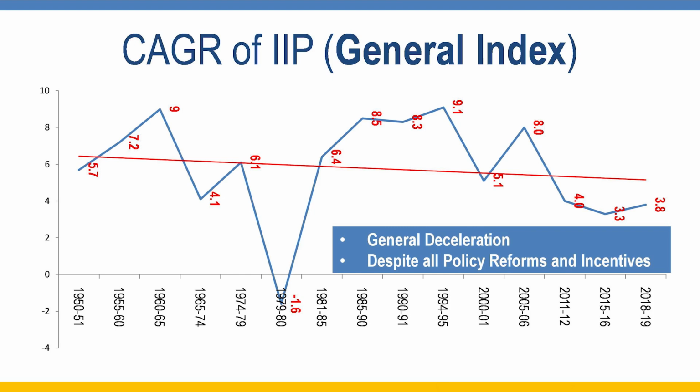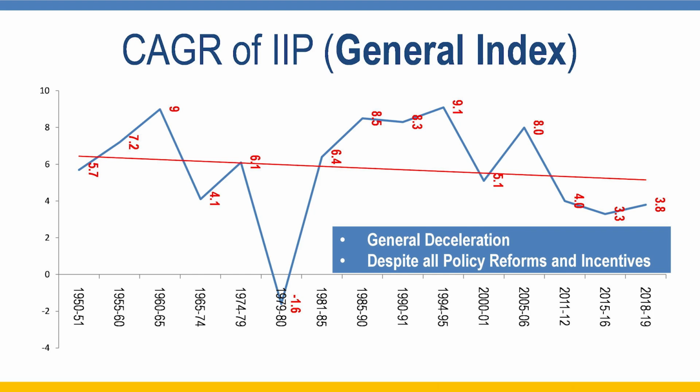But in the long run, across the industrial sector, whether basic, capital or consumer goods, the general index of industrial production is actually showing a decline. So there is a general deceleration as a broad trend despite all policy, reforms and initiatives. That's something very important to understand.